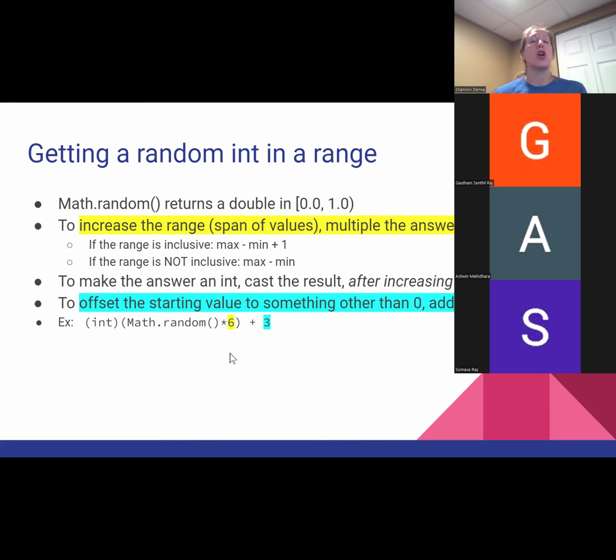So in order to correctly cast my random double to be an int, I need to wrap parentheses around the math.random times the range. I can also include this plus 3 inside of it. That's totally okay, but if I don't, that's not a big deal. What is a big deal is that I'm multiplying this range before I am casting it.